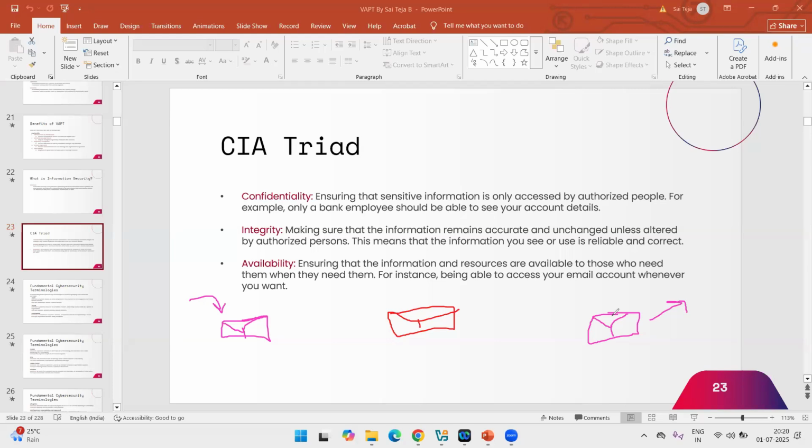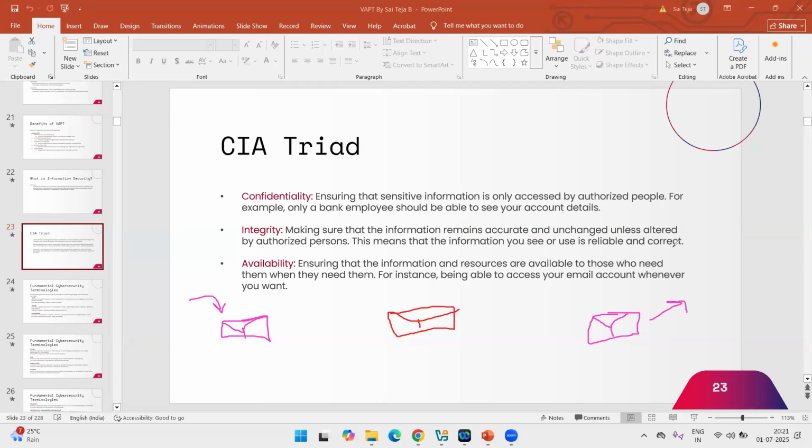When someone tries to modify it in between, there should be a mechanism to verify it. That's what we call integrity. This means that the information you see or use is reliable and correct.